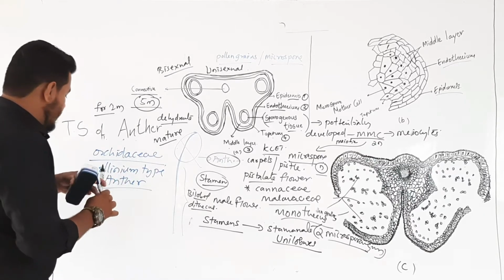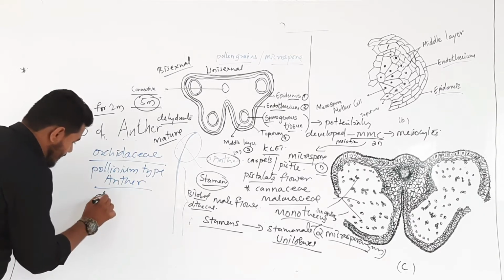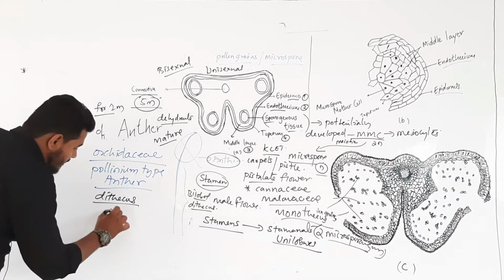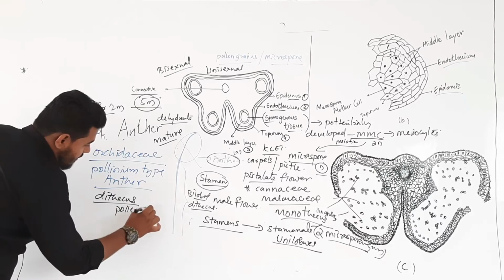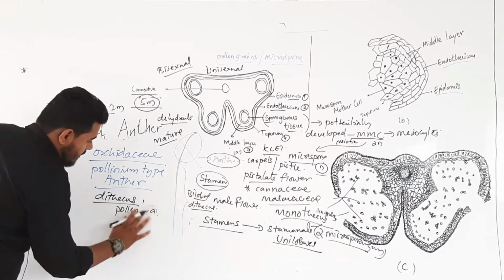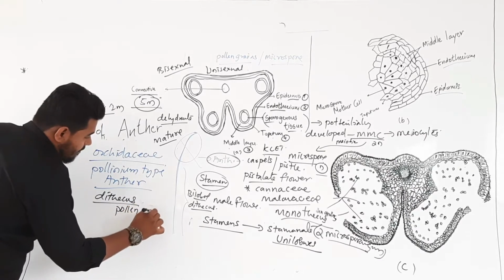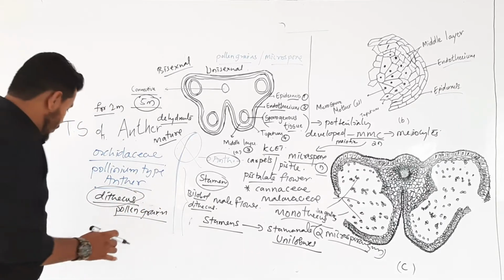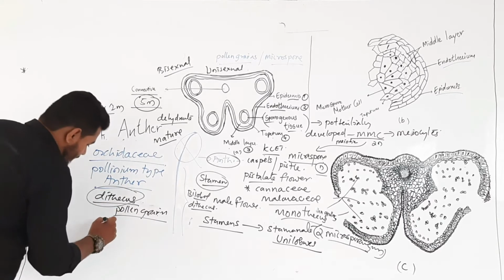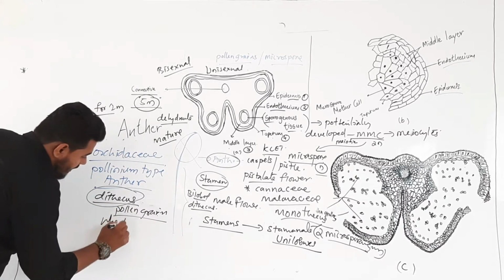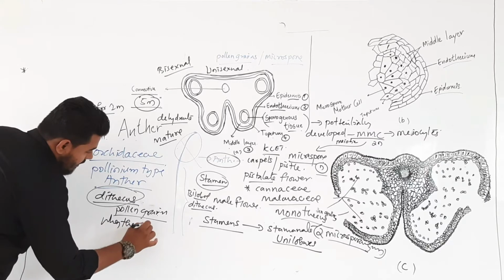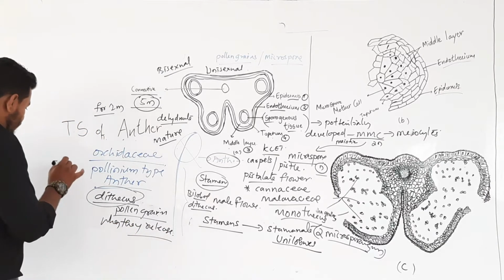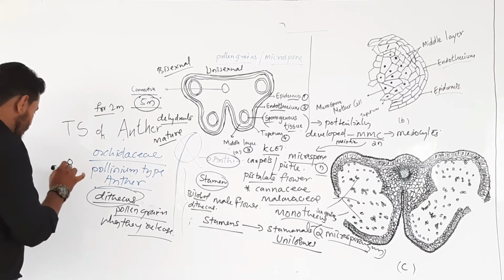Basically, these pollinium types are dithecous, but the pollen grains present inside these dithecous or four microsporangia, when they are released, all these pollen grains are fused together.